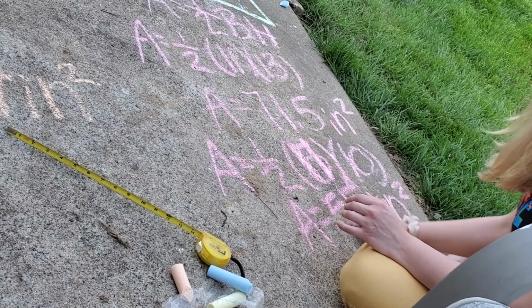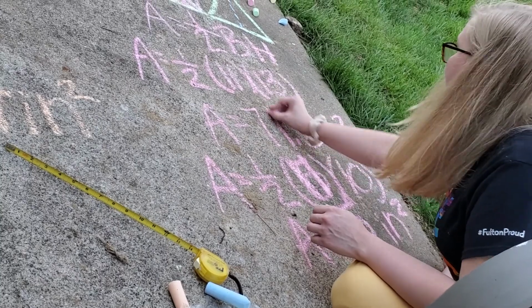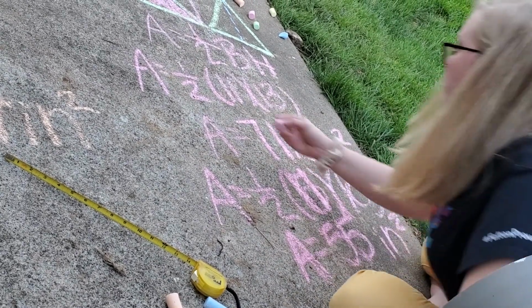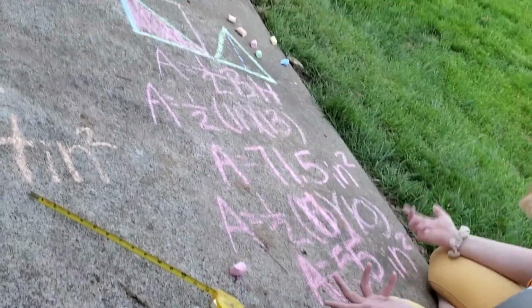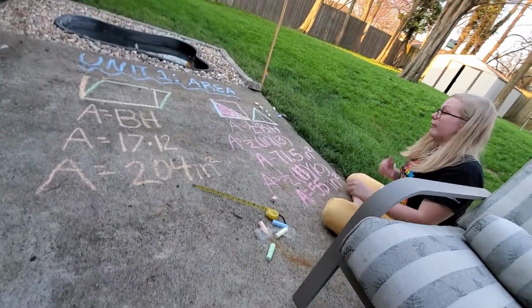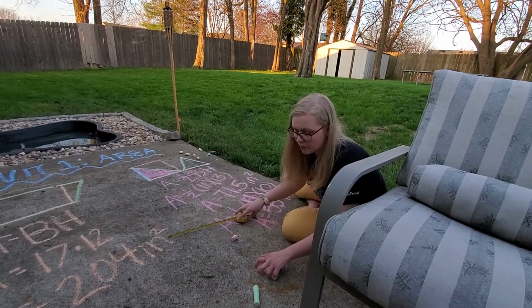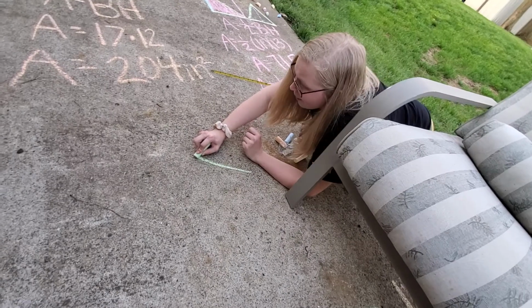All right. So, my challenge for you guys today is to draw at least 2 shapes. They could be easy, like a parallelogram and a triangle, or you can even get crazy with it and draw a polygon.